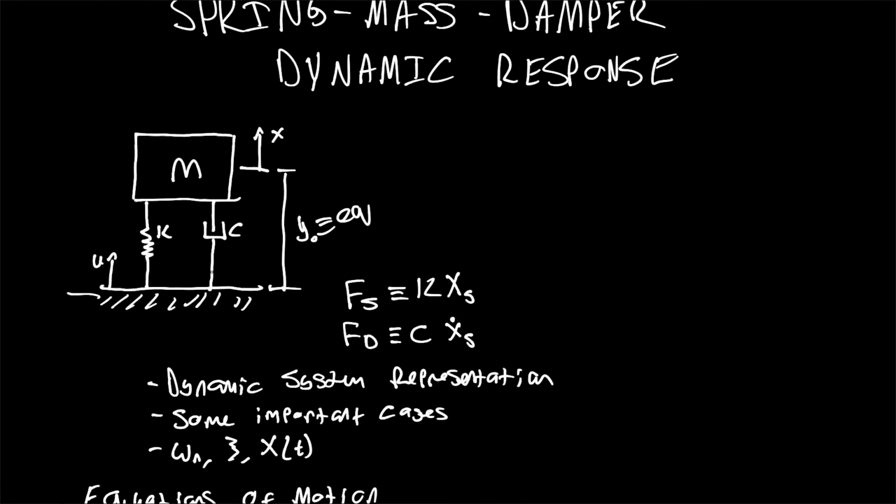We have to make some decisions here about how this is going to be analyzed. What we're looking at here is our x direction is from here and up. So our positive direction is going to be upwards. We define that as our positive direction. And if the x displacement is in the positive direction, then the spring is going to be under tension.